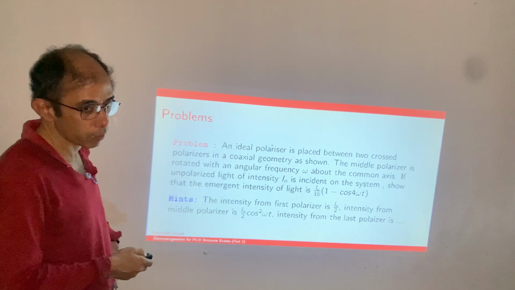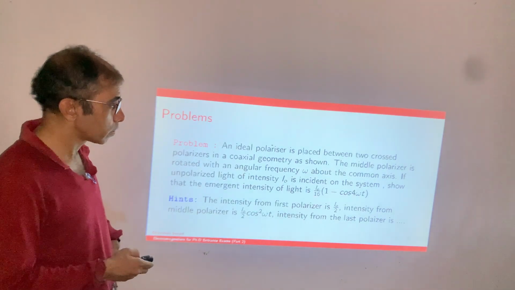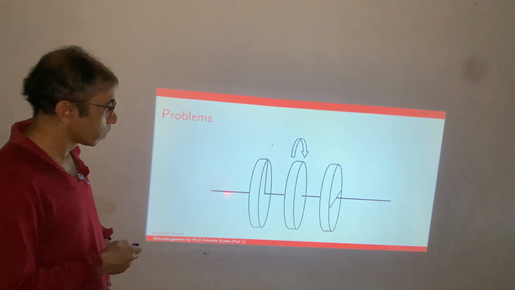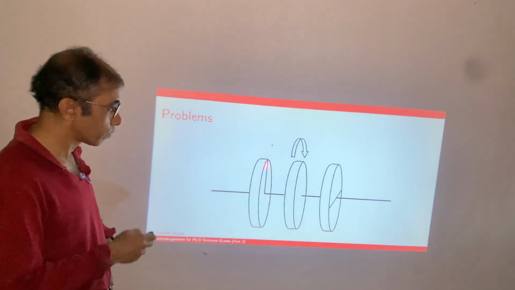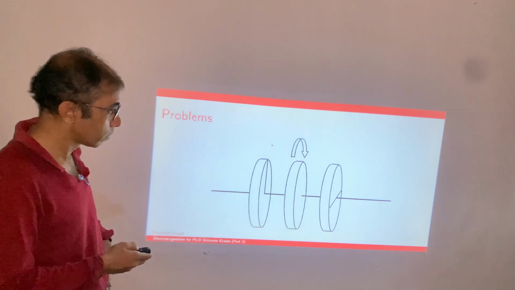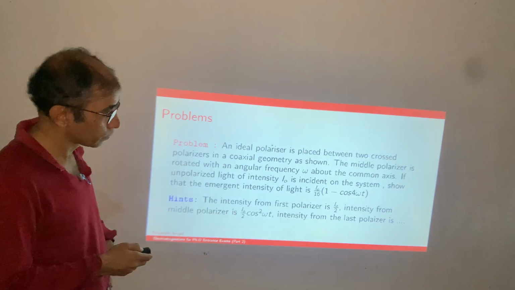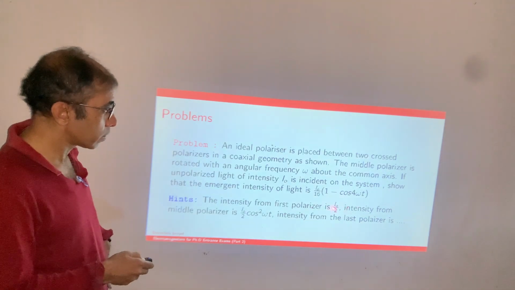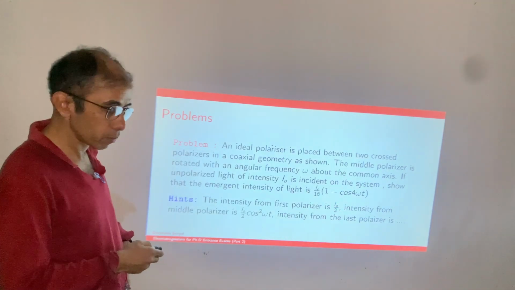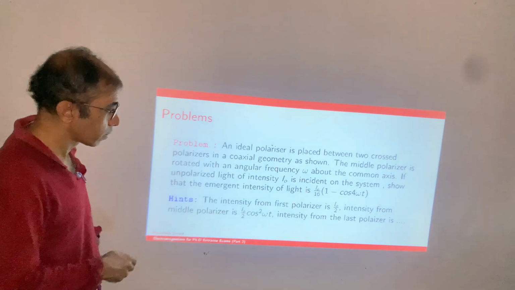This type of problem we have done before. Once the unpolarized light passes through the first polarizer, what is the intensity? I0 by 2, that we have already discussed.